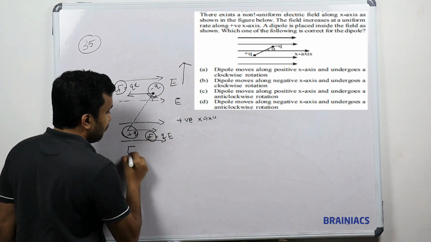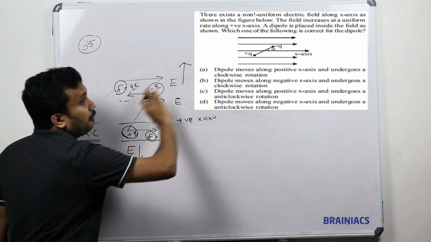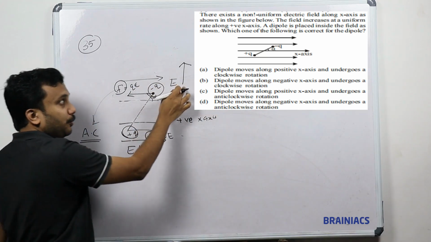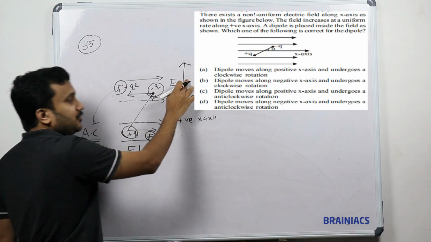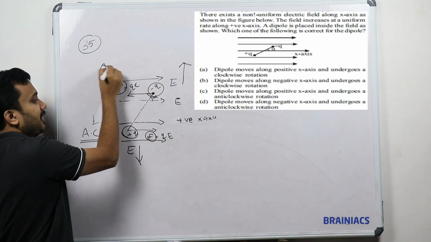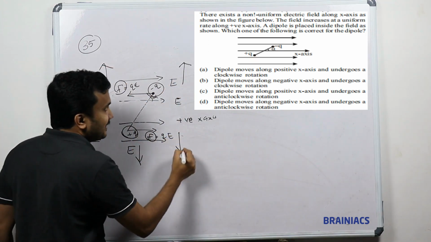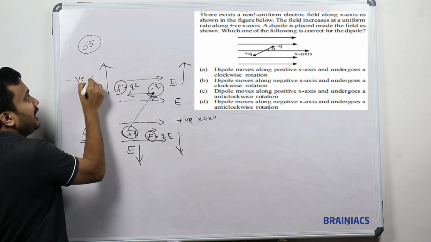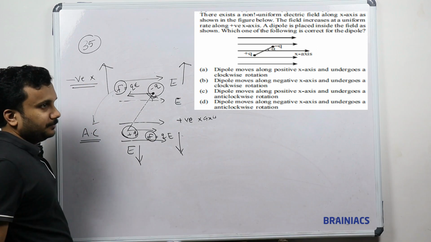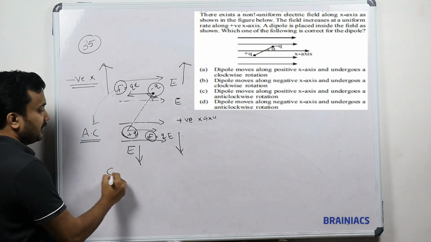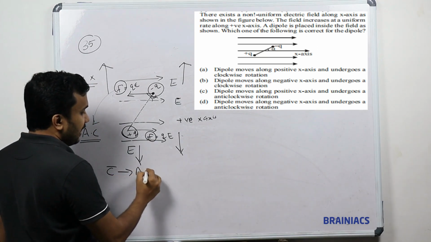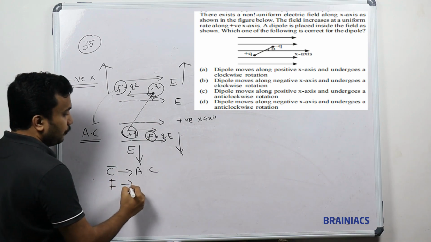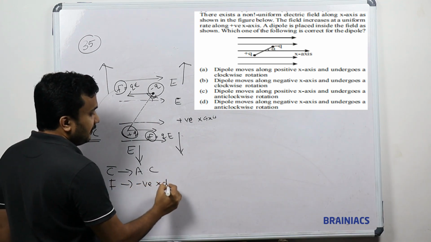The electric field at this point will be lower because this is more towards the right side, so it is more positive. If it is more positive, the force is also higher. This force is lesser. So it will move in the negative x direction. So torque is in the anti-clockwise direction, and force is towards the negative x direction.